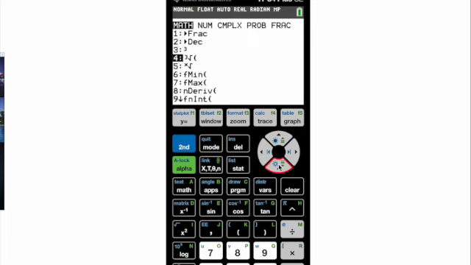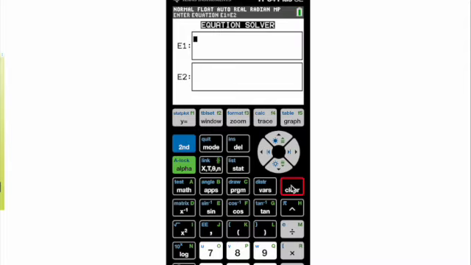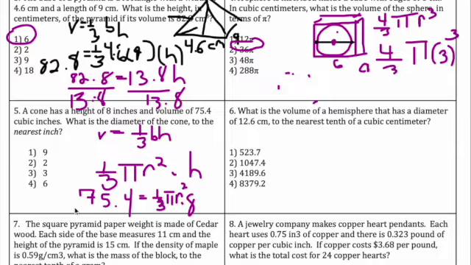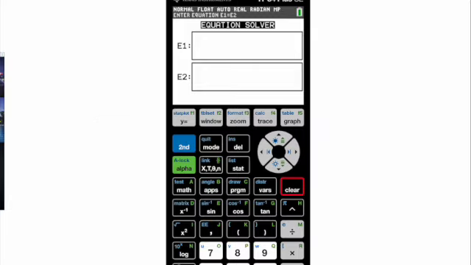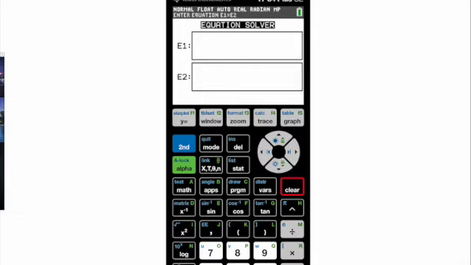Just messing around with it a little. I'm going to go to numeric solver. There has to be a better way to deal with this calculator.